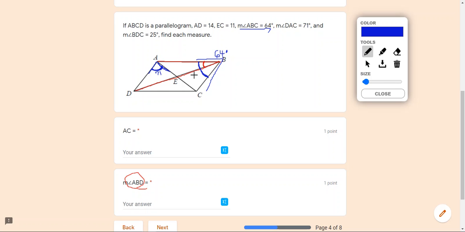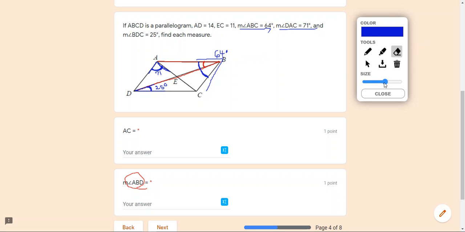And then we're given BDC. So here's BDC. BDC is going to be this angle right here. BDC, 25 degrees. Now there's a lot of different ways that we can use this information to figure out the angle that we're looking for, okay?